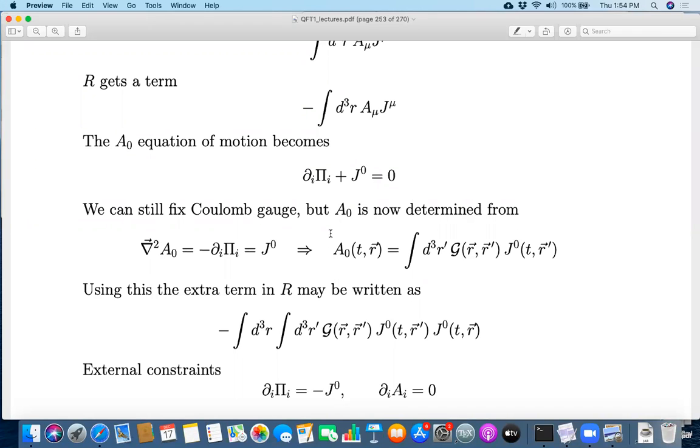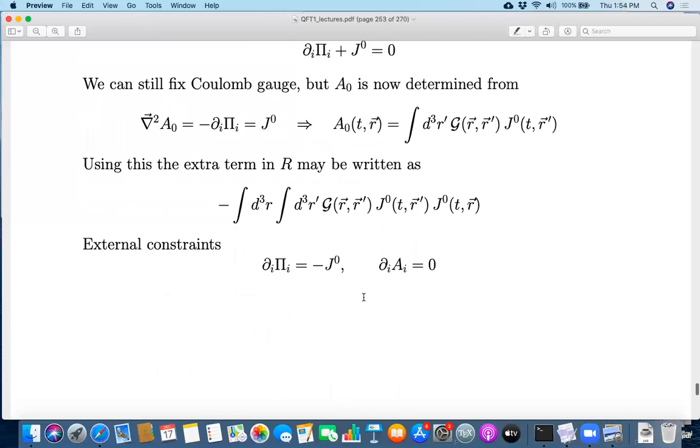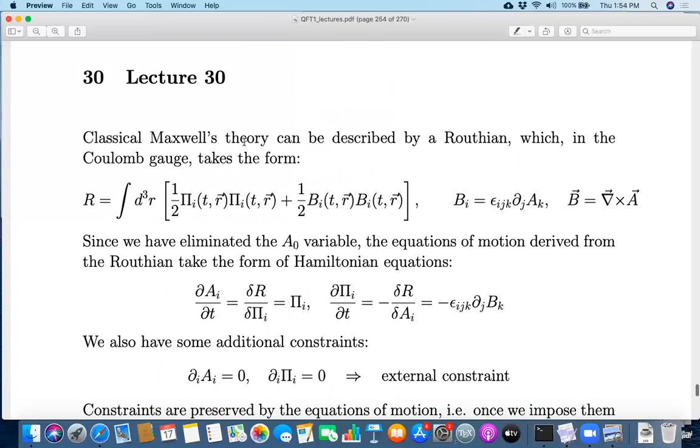So the point is that ultimately what we are saying is that this system, right? So we have gotten some system here. Think of this as a Hamiltonian, that these equations of motion together with these constraints is exactly equivalent to the original Maxwell's equation.